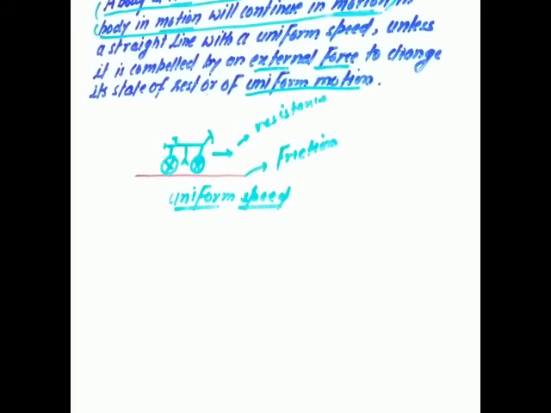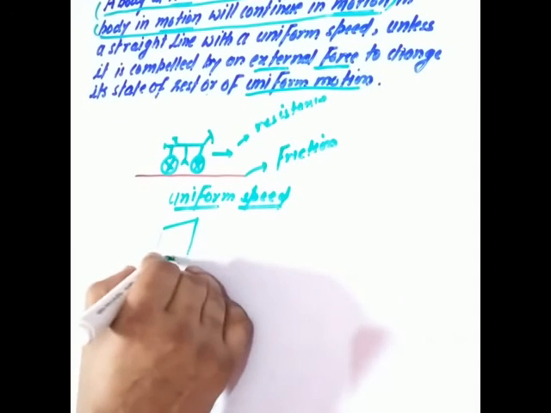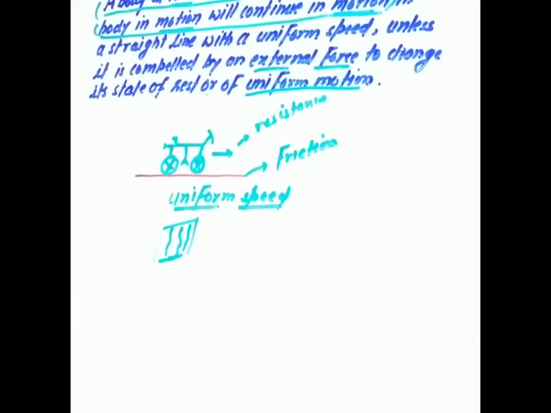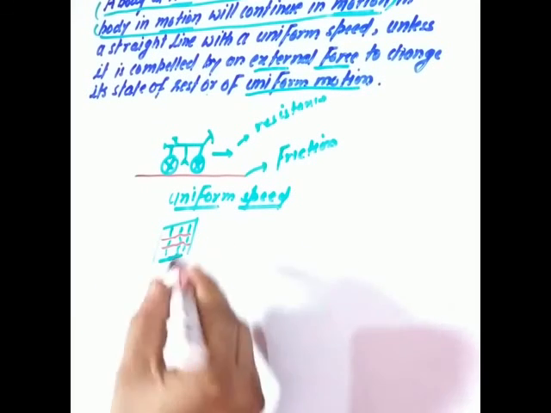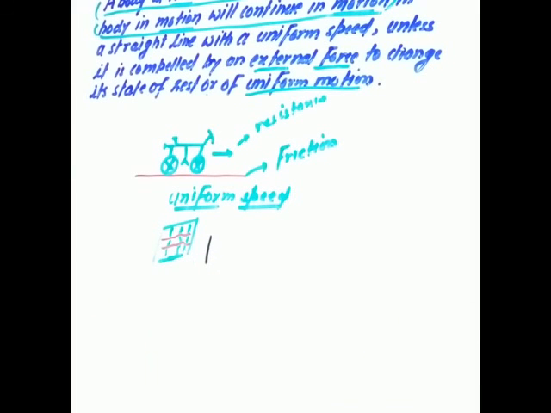Then we take some examples. When you take a carpet and beat it with a stick, the dust particles start coming out of it. Why does this happen? This is because of the force of the stick.